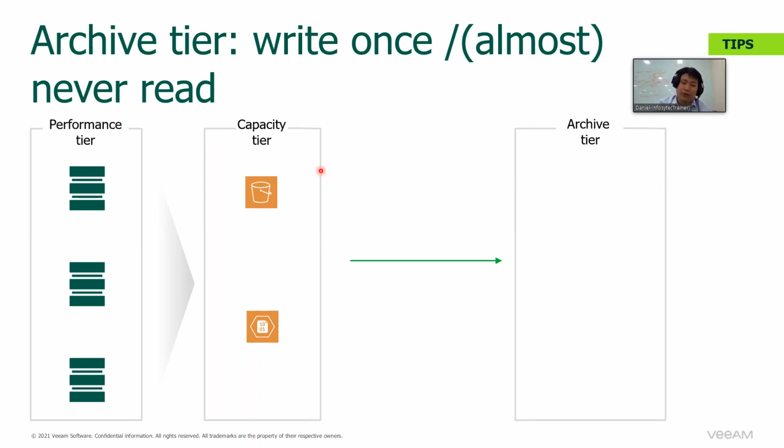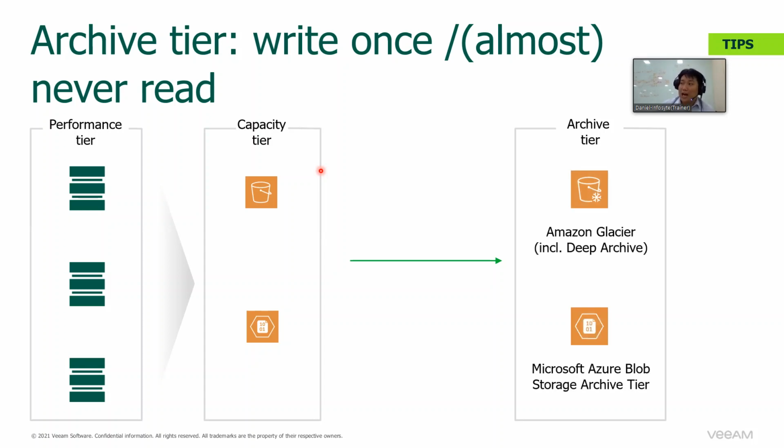And if you plan to store your data for a longer time, then we need to see whether there is any additional storage tier that costs me less money. Now, Amazon and Microsoft have additional archive storage. Amazon calls it Glacier, which is for deep archive. Microsoft comes with the Azure Blob Archive tier.